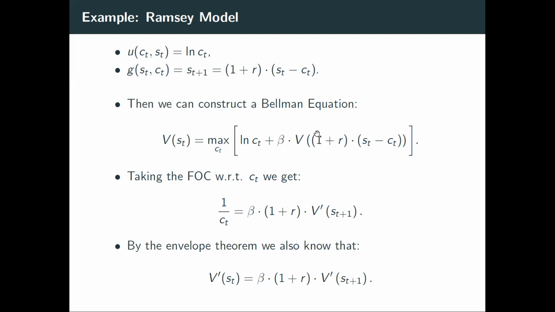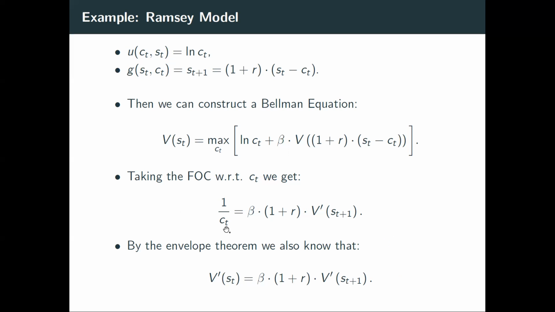It will be beta here, 1 plus R from here, and minus 1. Therefore, I equate the two parts. And also you differentiate the value function itself. To write it more compactly, I decide not to write the same expression as the argument here, but to write st plus 1. So the first order condition is like that.